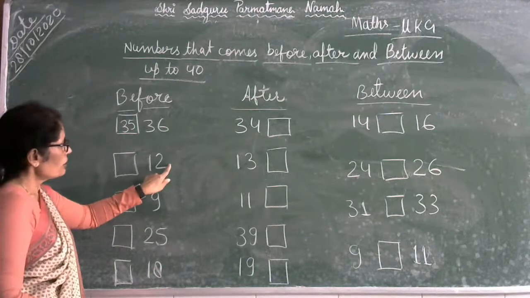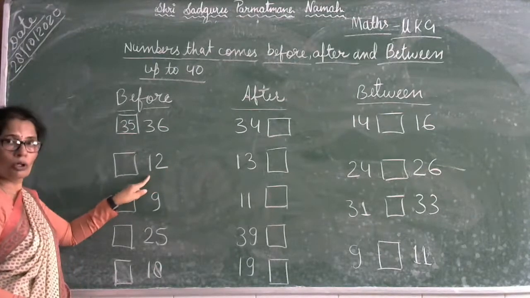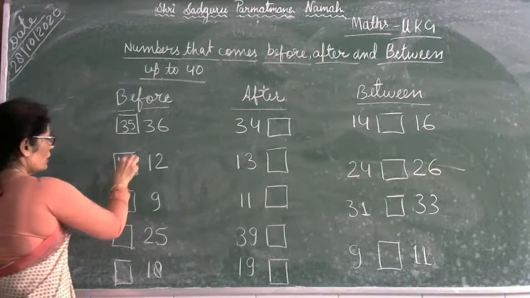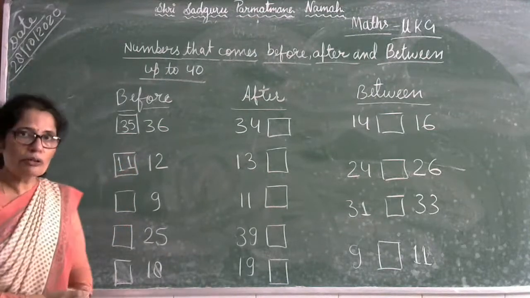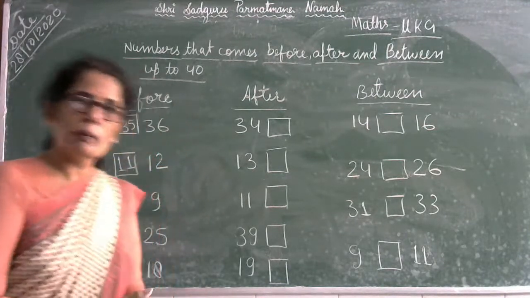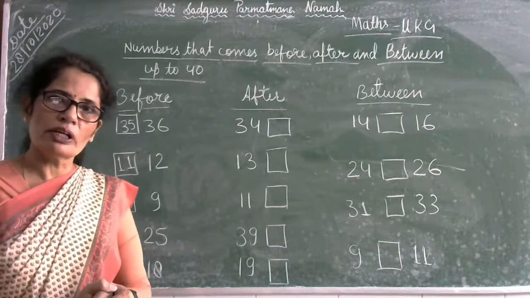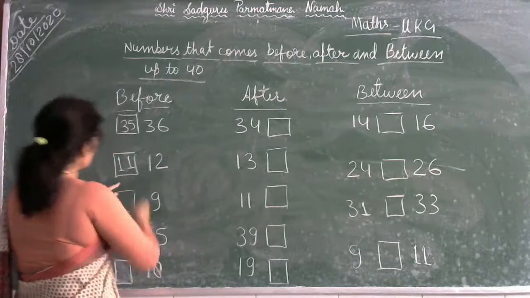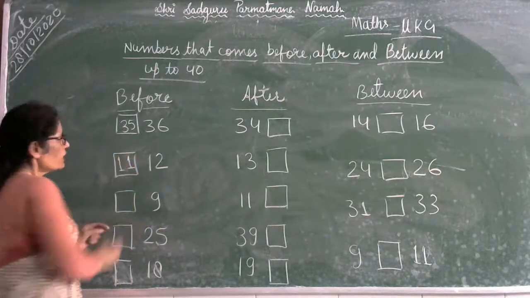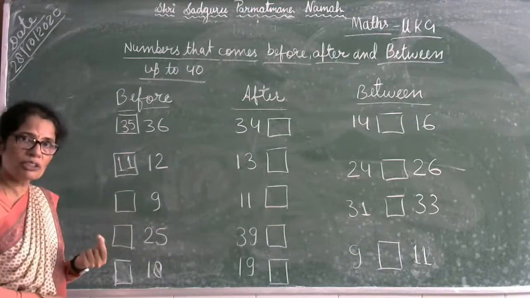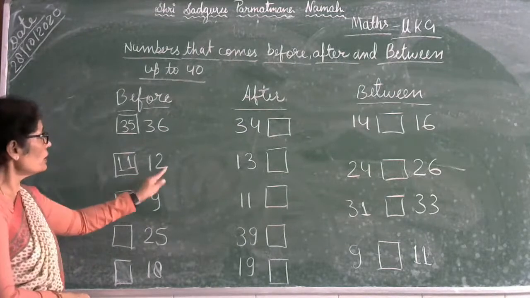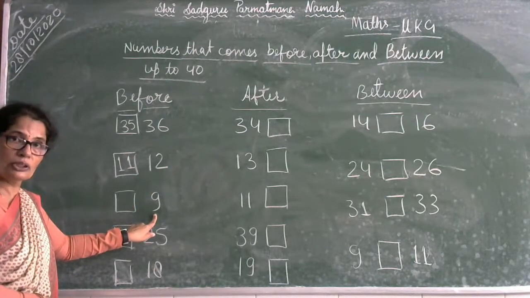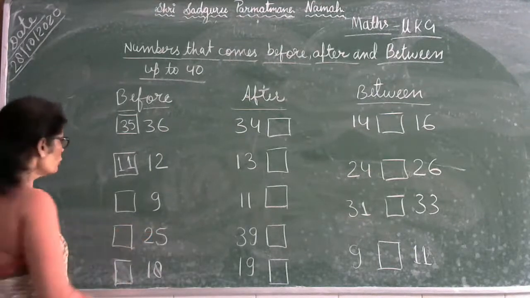Here the number that comes just before 12, so it is 11. It may be a little bit difficult for you, but when you practice forward and backward counting many times, you can do this easily. Here the number which comes just before 9, so it is 8.